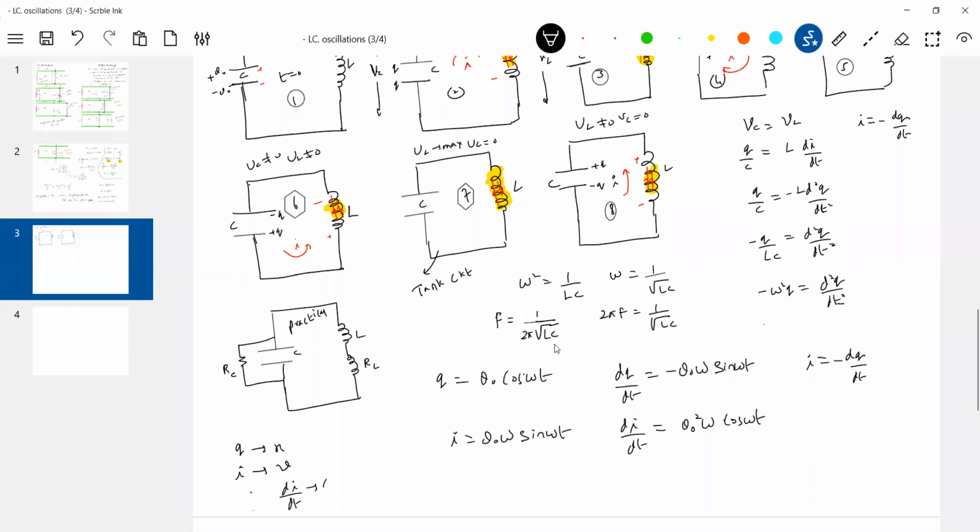Take help of SHM, already we know SHM, no? From that is what I'm trying to get here. So from here, what is the expression for current?